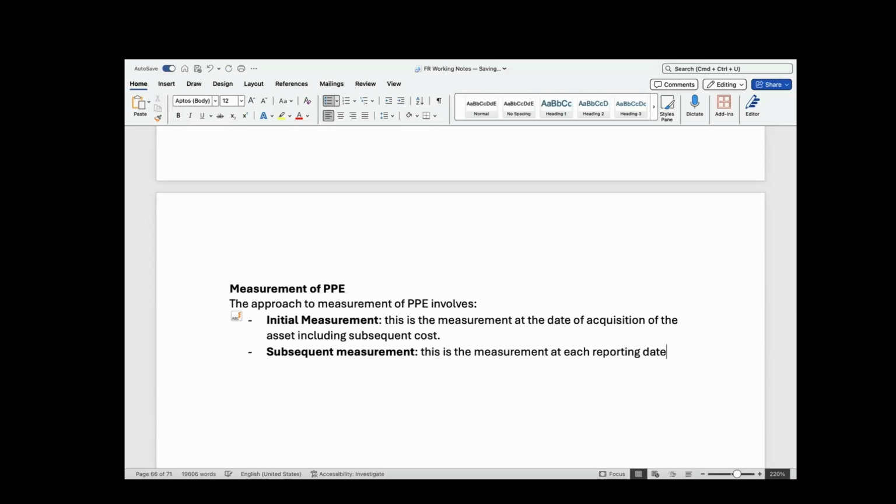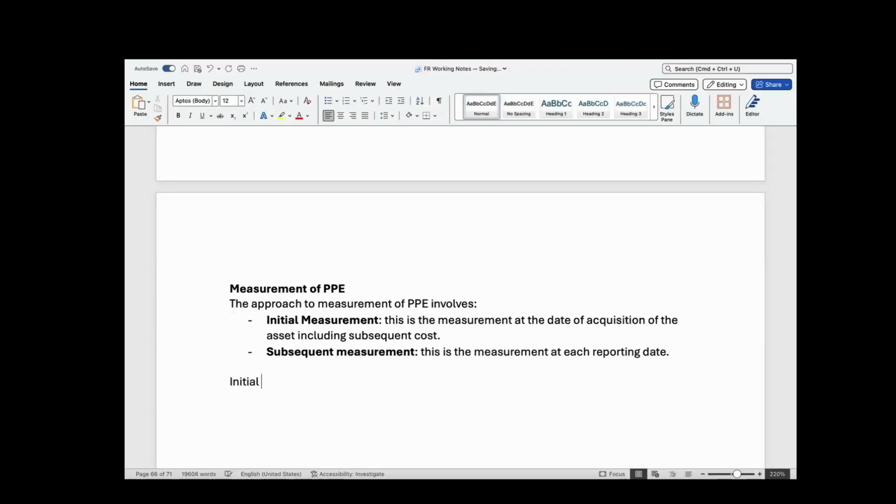So for us accountants, we usually measure our assets not just when you bought the assets, but also at the end of each year. We usually measure and remeasure at the end of each year. That is called subsequent measurement. So let's discuss these two.